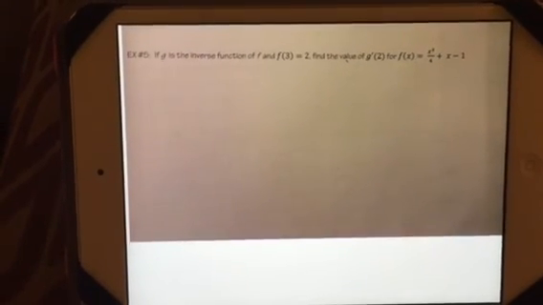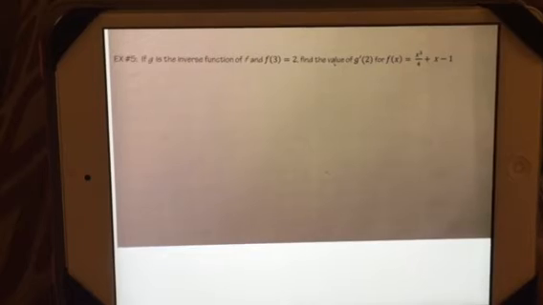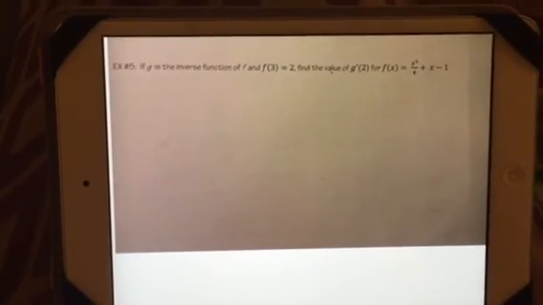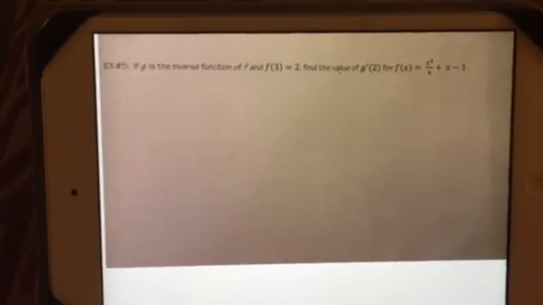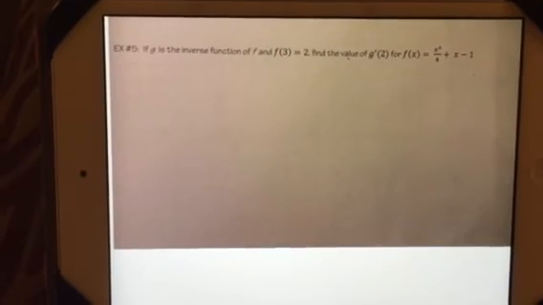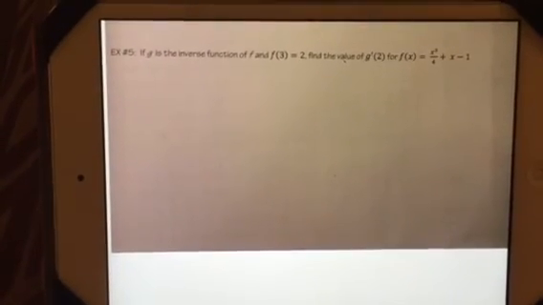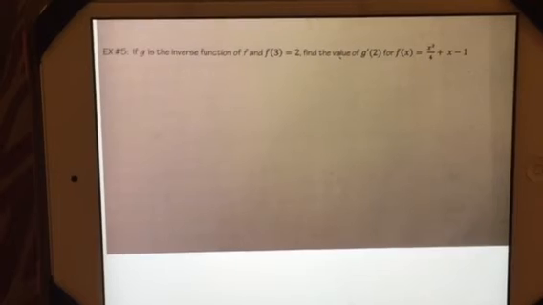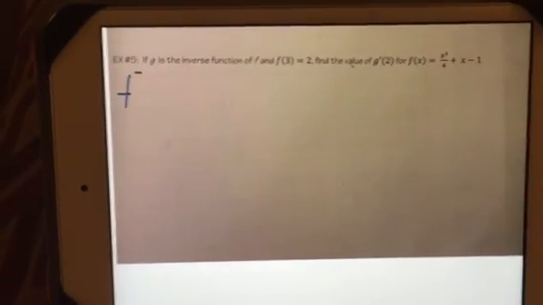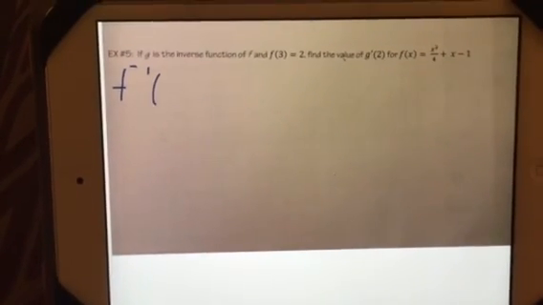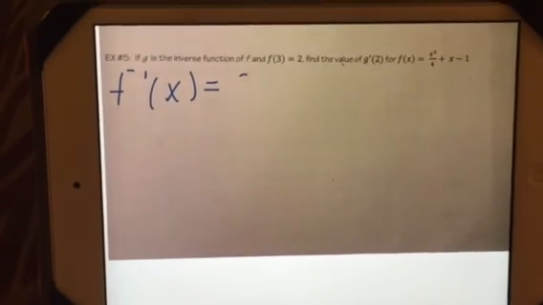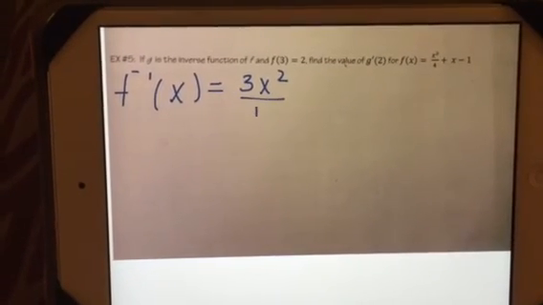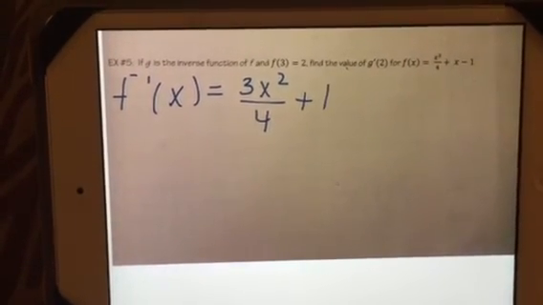And our last example for this lesson. If g is the inverse of the function f, and we're given f of 3 is equal to 2, find the value of g prime of 2 for the given function. Well, it'd be easiest if we find the derivative of the function, which in this case would be 3x squared over 4 plus 1.